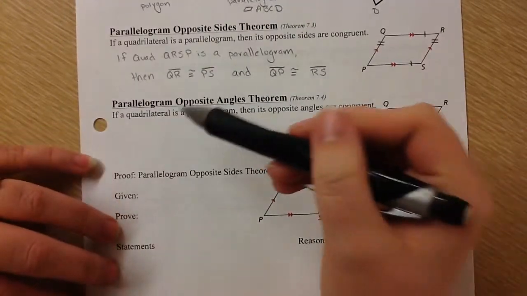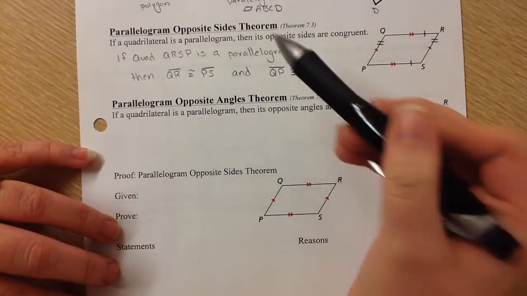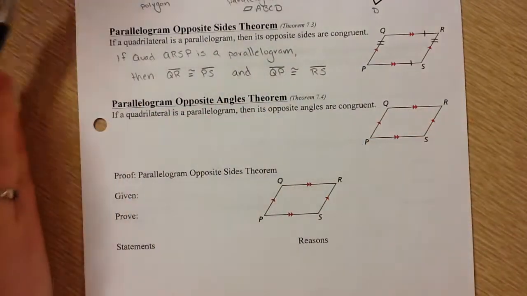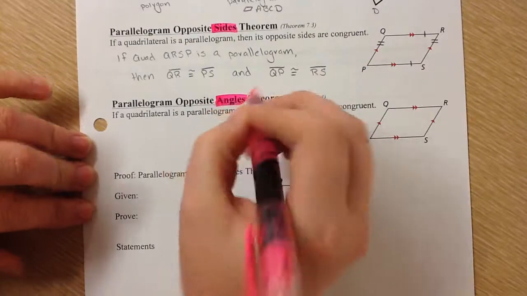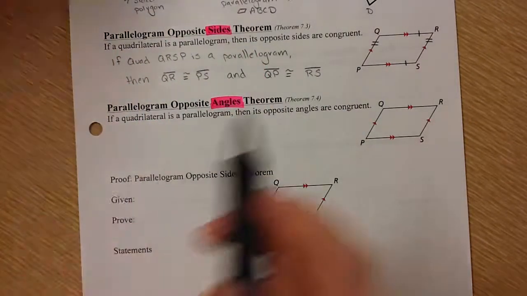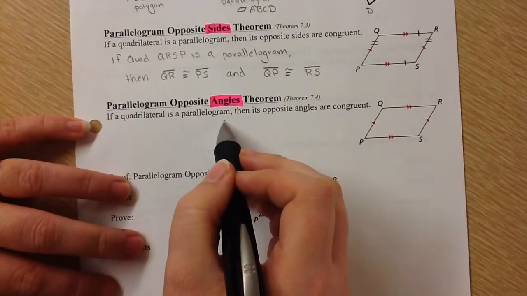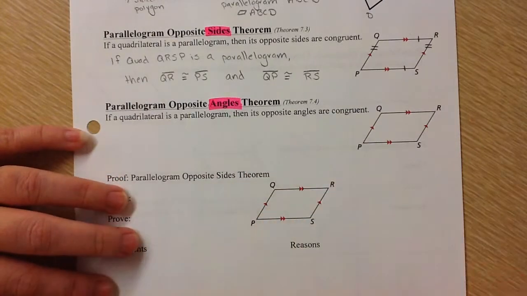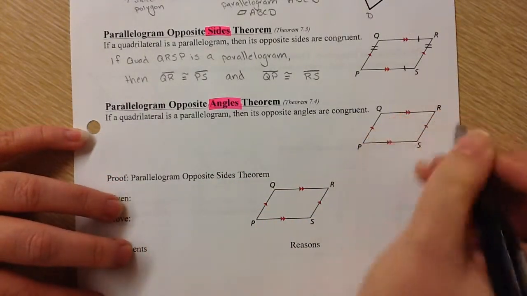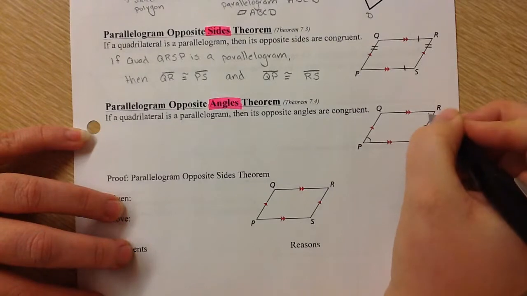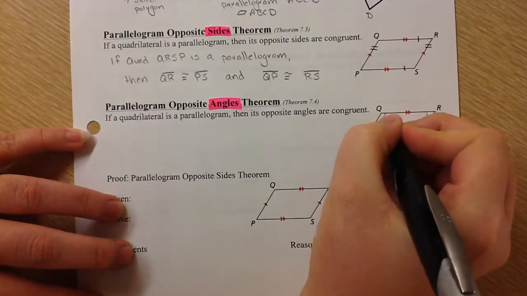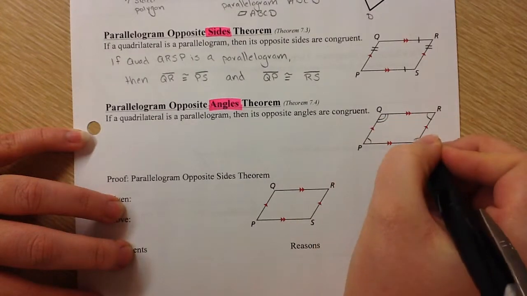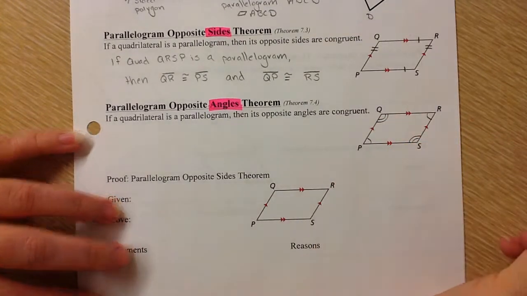The parallelogram opposite angles theorem is very similar to opposite sides, except now we're dealing with angles. So here's the opposite sides theorem, here's the opposite angles theorem. If a quadrilateral is a parallelogram, then its opposite angles are congruent. So angle P is congruent to angle R, because it's across from it, and angle Q is across from angle S. So those are congruent as well.